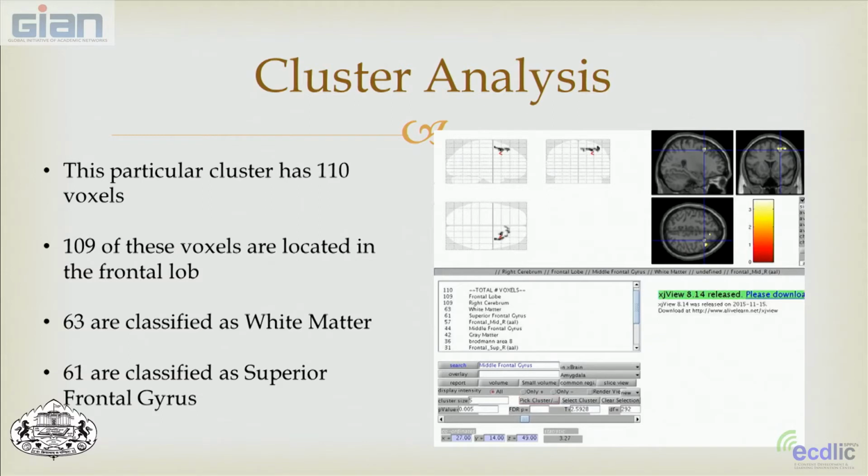So this is at a coordinate location of x equals 27, y equals 14, and z equals 49. And these coordinates mean something to people. So when you report something and publish a paper on it, you put these coordinate locations so that somebody else who's looking at this can also interpret where this coordinate is in MNI space.